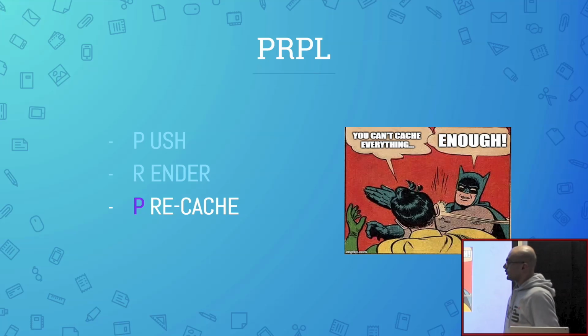You have Precache, which is when you start requesting the stuff before it is needed. So let's say you have a web font, or you have an external style sheet. If you're rendering your main page and you know that, for example, most of the people go into the shop page, you can start pre-caching resources that are needed to render the shop page beforehand.